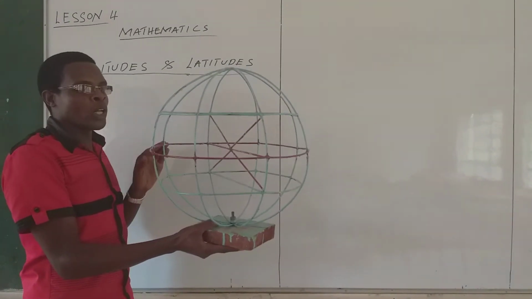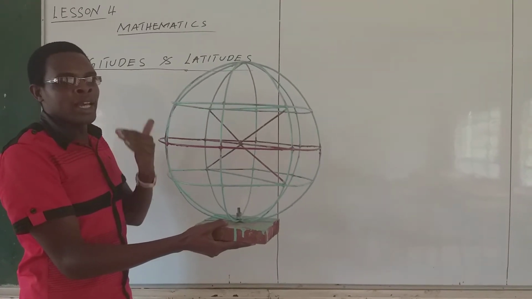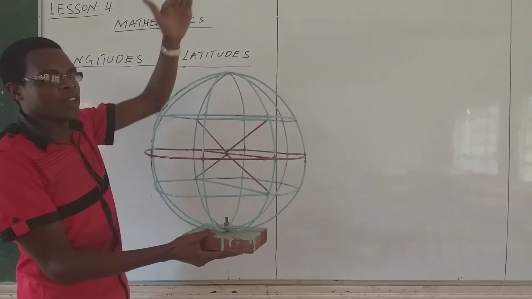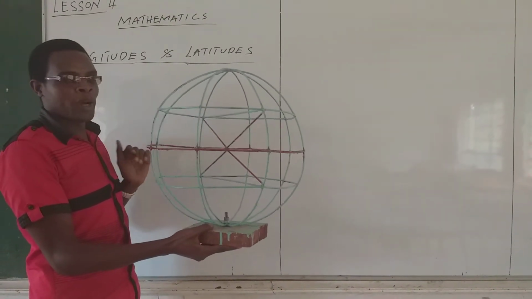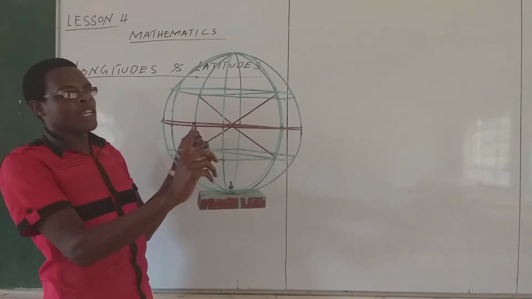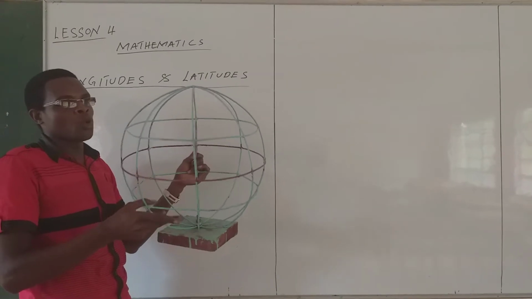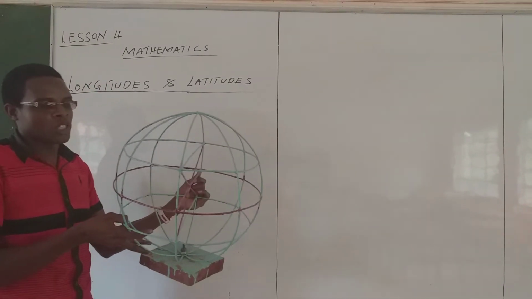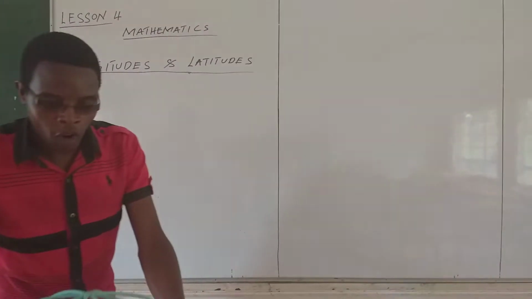And the one painted in red, we call the equator, because it divides the globe into two equal parts, the northern part and the southern part. And I said, when we talk about the equator, it is always 0 degrees north, south. So that's what we covered when we were talking about the globe of the earth.